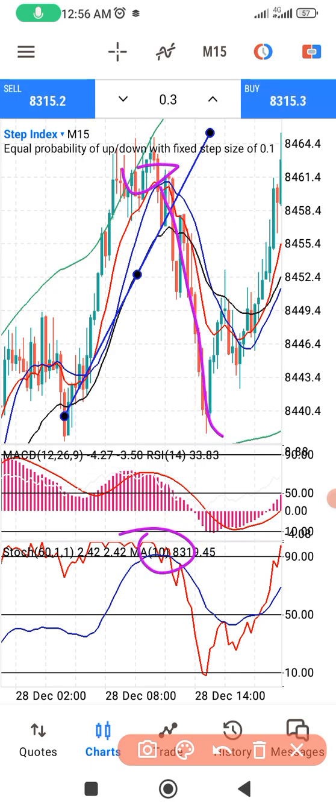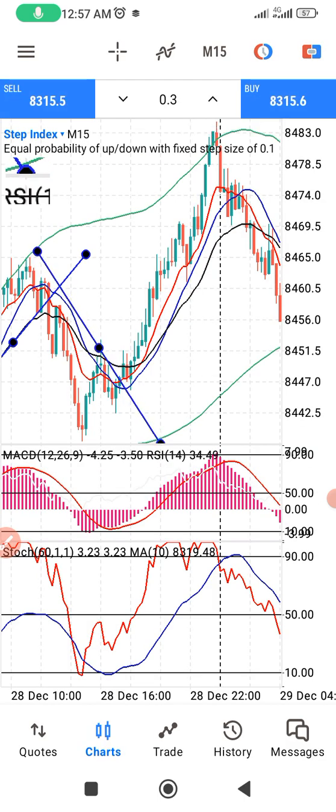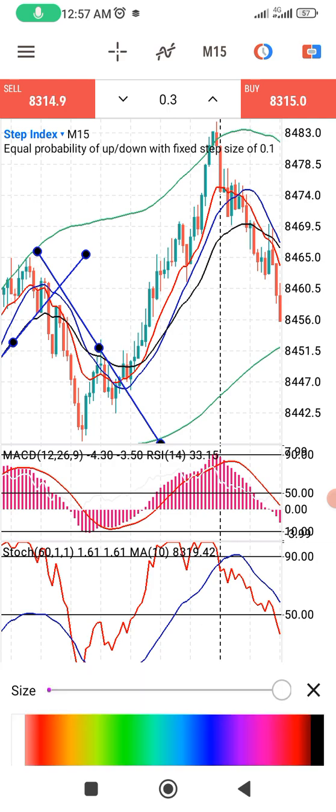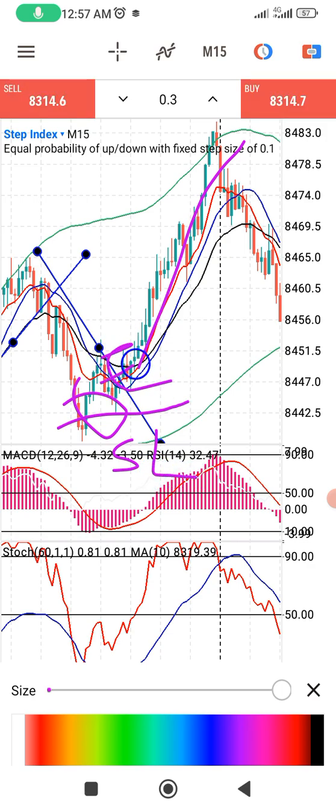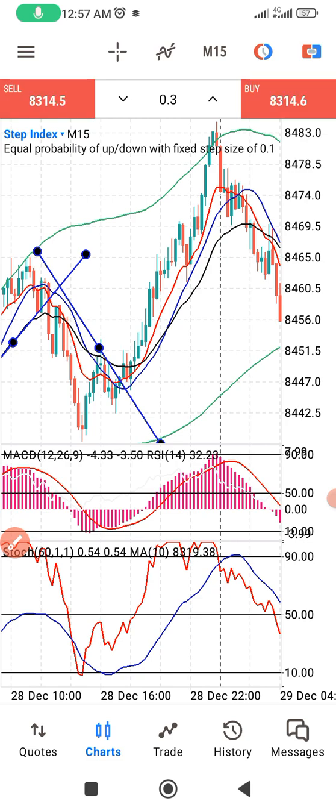It pulled back towards the middle Bollinger, and of course you have your trend line here, and after that, immediately price broke out this way, your stop loss, your entry, then immediately it's going that way, you set up another of your guide.